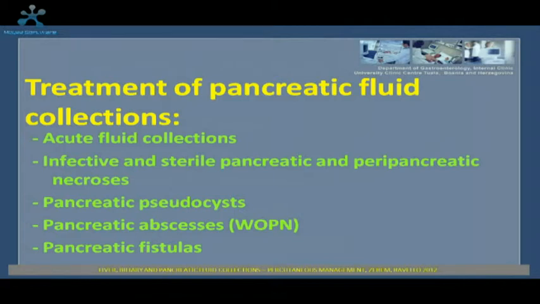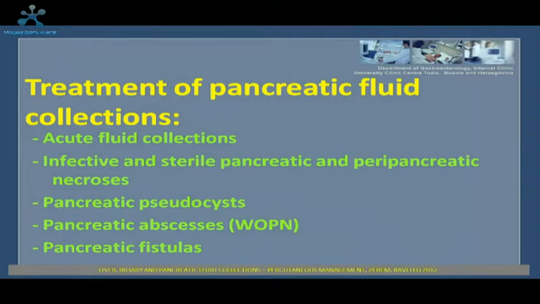It is also very difficult to predict whether an acute fluid collection formed early at the stage of acute pancreatitis would resolve spontaneously, or whether it already reflects gross destruction of the pancreatic gland with subsequent poor clinical course.